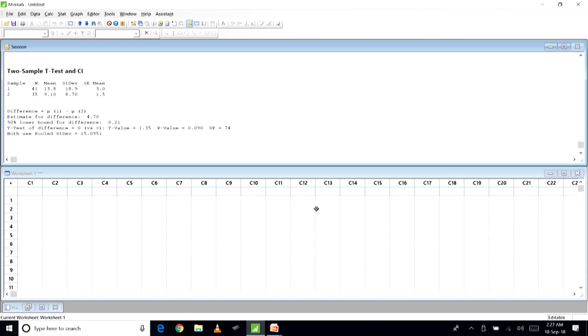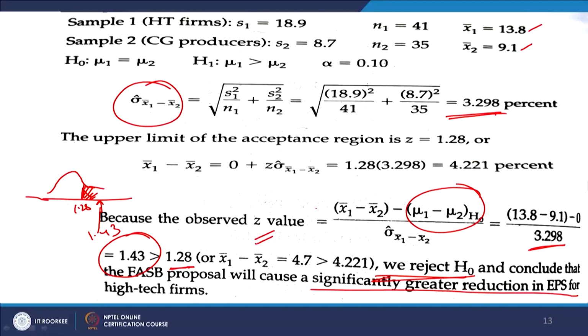The p value is 0.091, and alpha is 0.10. So, p is less than alpha. So, we will reject the null hypothesis. This is what we concluded in the critical value approach as well.